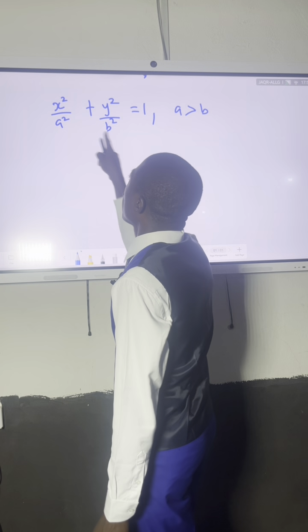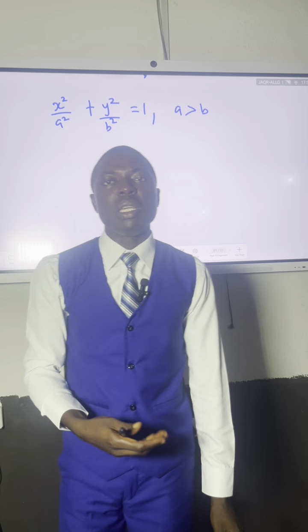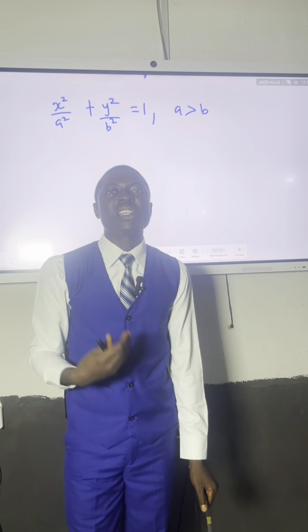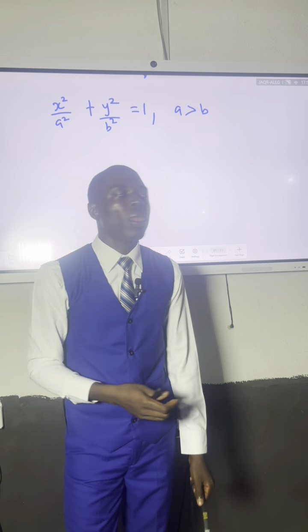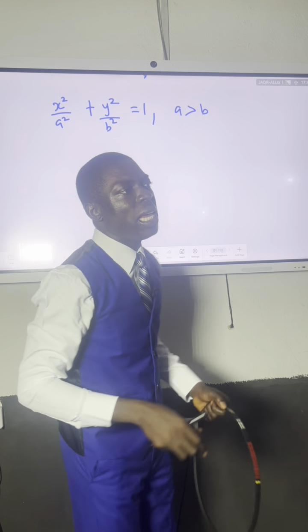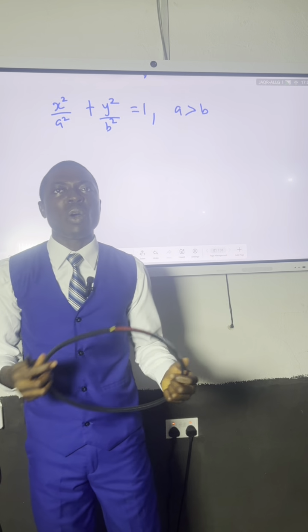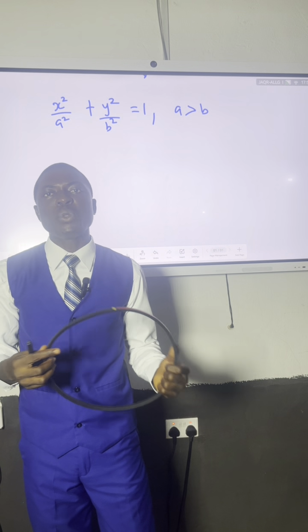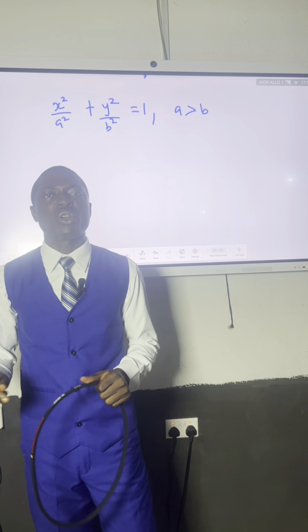A is always bigger than b. That is how you know the major axis of the ellipse. If you see a bigger value under x squared, you know that the circle the ellipse was gotten from was stretched along the horizontal axis.